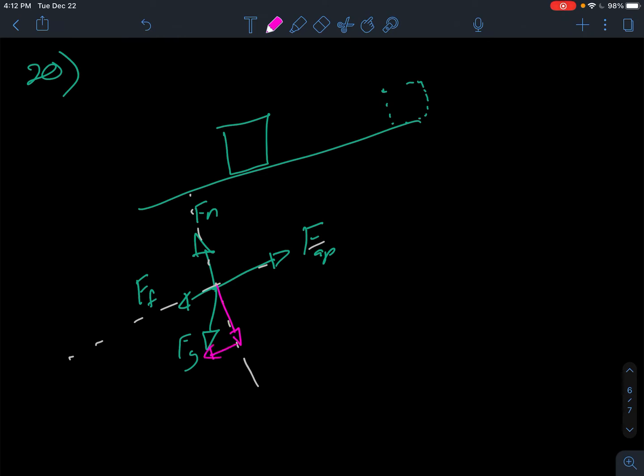So gravity is going to have its components. So on the way up, we're going to have force of friction going down the hill. Also, force of gravity in the X direction going down the hill. And then, as far as we're just looking at net forces.